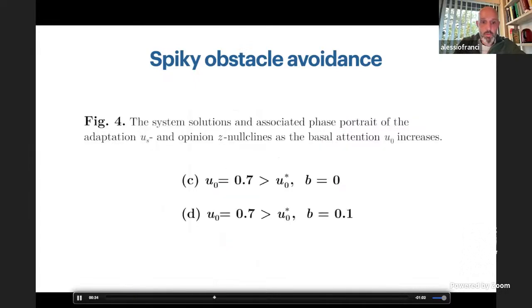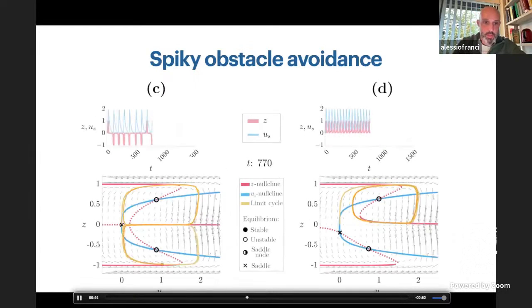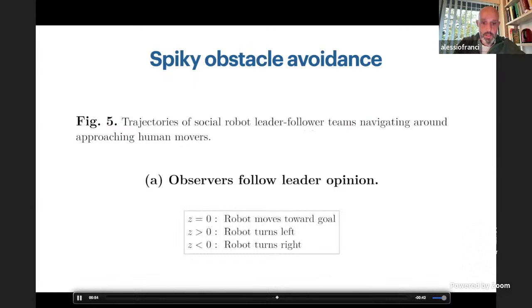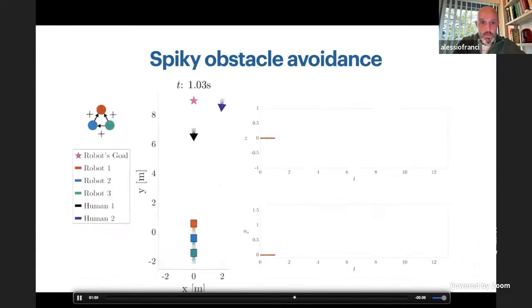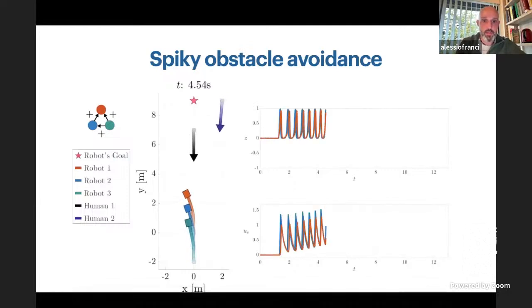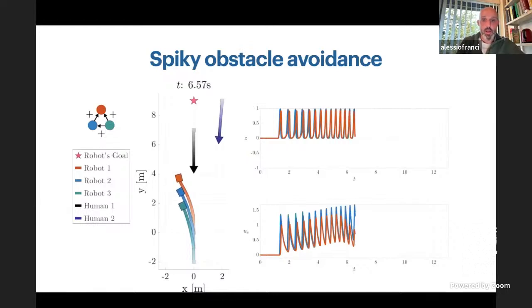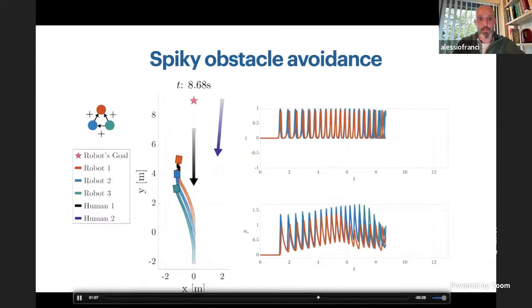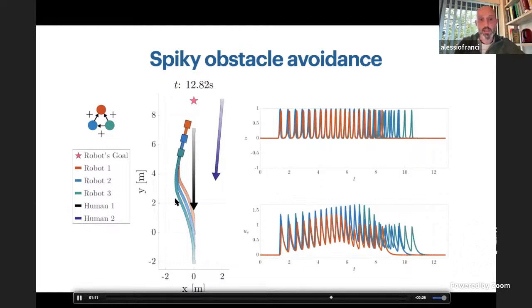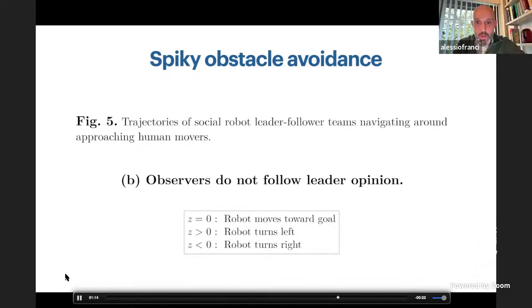And so this idea of agile control, well, this is some analysis. You will have these in the slides if you want to see it. And this is the same idea when you have three robots that have to coordinate themselves to avoid two humans, and you have robots that decide where to go, and other robots that decide who to follow, essentially.